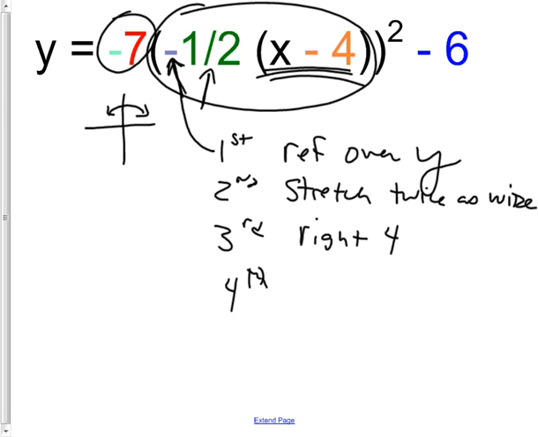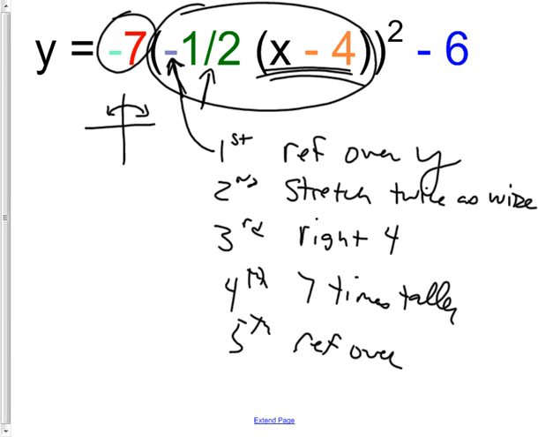Should I stretch before I flip? Yes, I should. That's the normal order of operations. So I should stretch first. 7 times taller. Then flip. Flip is the same as a reflection over, and if it's on the outside here, that's going to be an up-down thing.